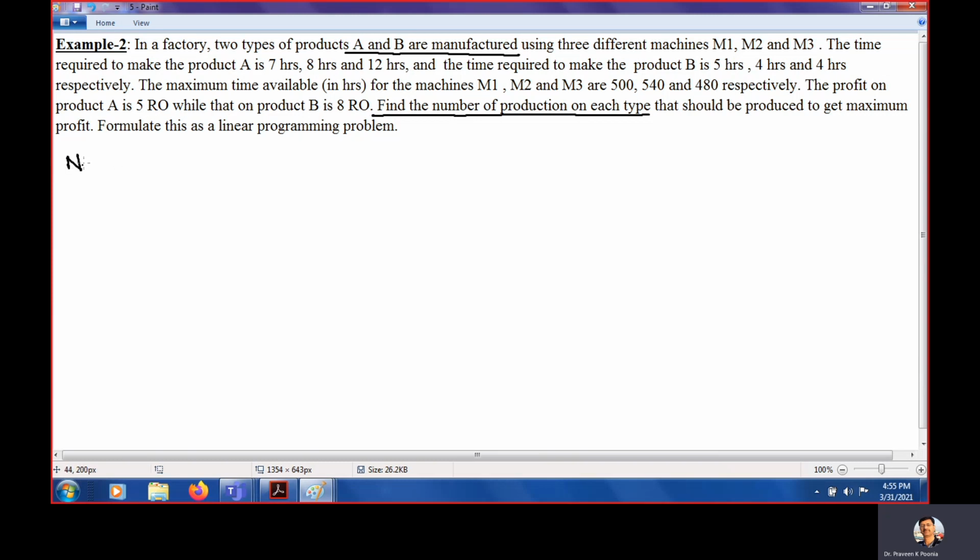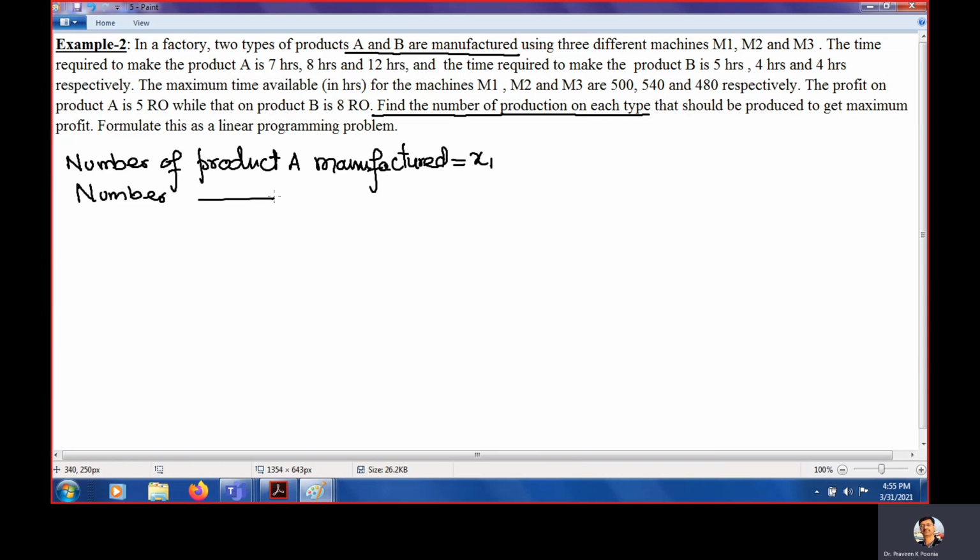So these are our decision variables. Number of product A manufactured is equal to x1 and number of B product manufactured is equal to x2.